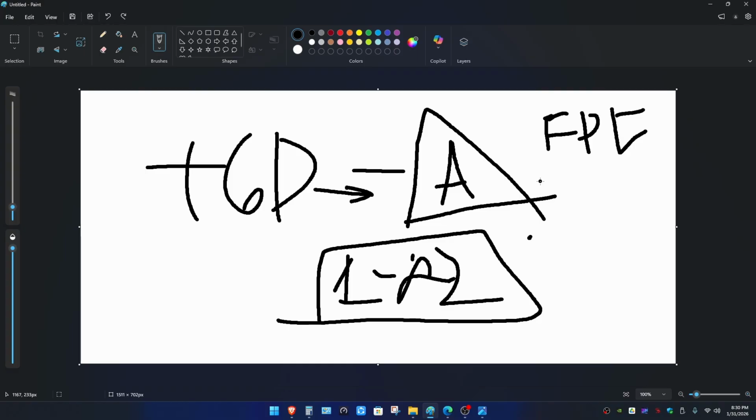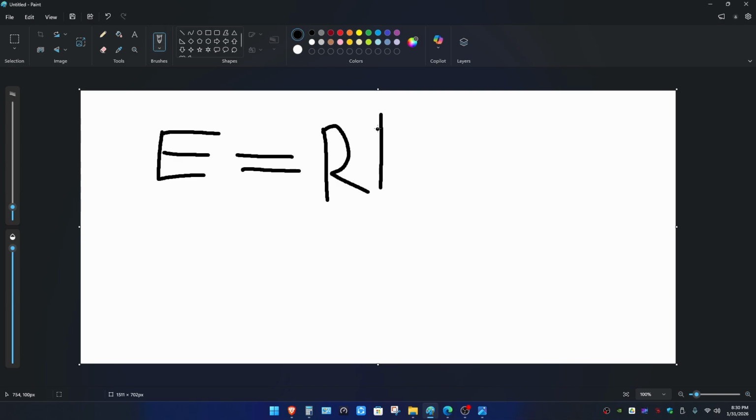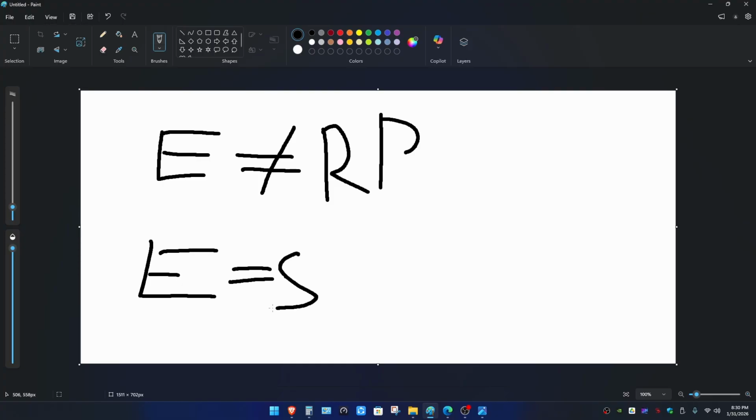So this is what might be happening, because according to my theory of CKDM, electrons are not real particles. Electron is a signal that an atom sends to another atom.